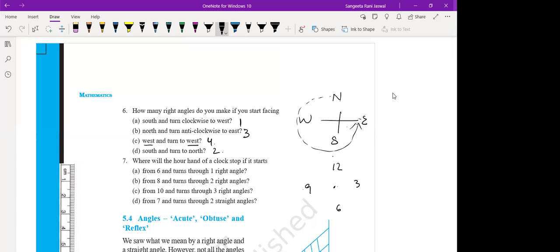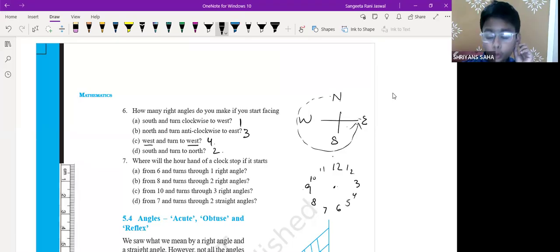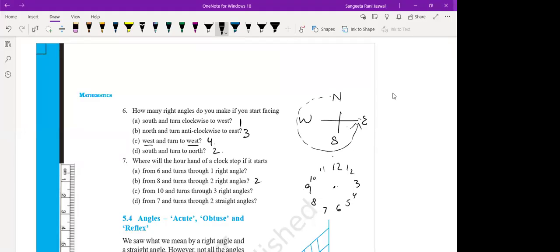When you start from 8 and turn through two right angles, it stops at 2.